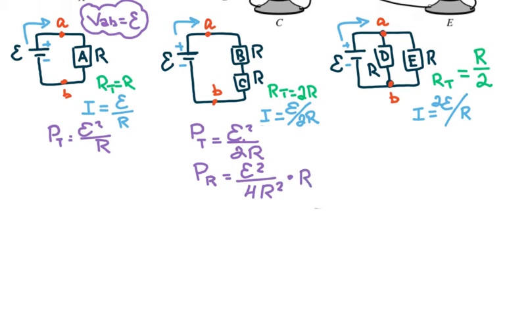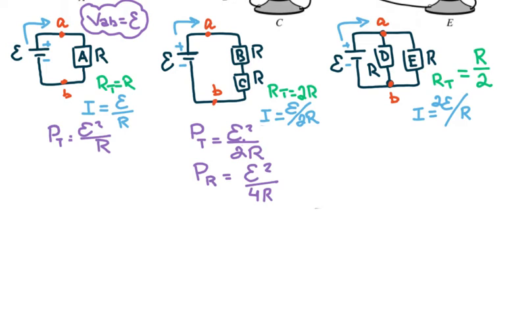So power can be equal to I squared times R. So one of the R's can be cancelled, and I have EMF squared over 4 times R. So that would be the power supplied to each resistor, or taken by each resistor.